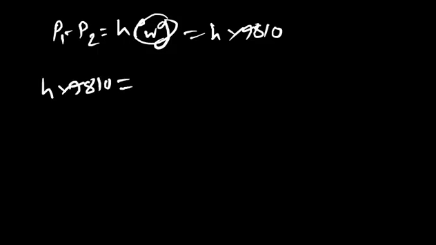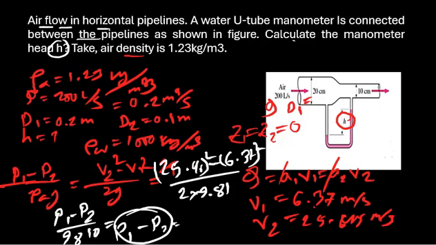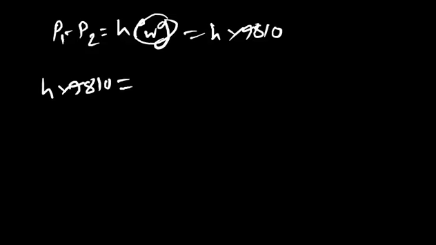That means we can put in h, 1000, and 9.81, and just calculate.